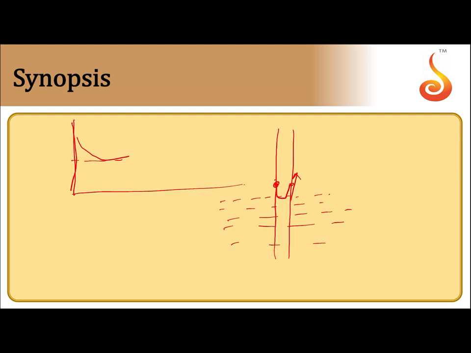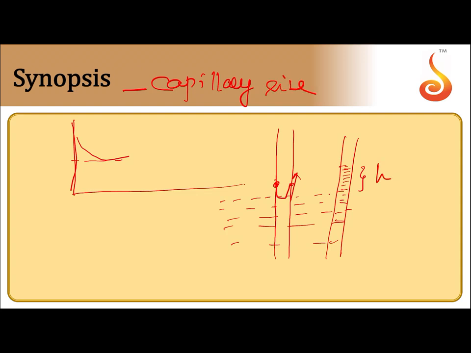So whenever a capillary is immersed, there is a rise in the level of the liquid inside this capillary. This is what is called capillary rise. And that capillary rise h is given by 2T cos theta divided by rho r g.